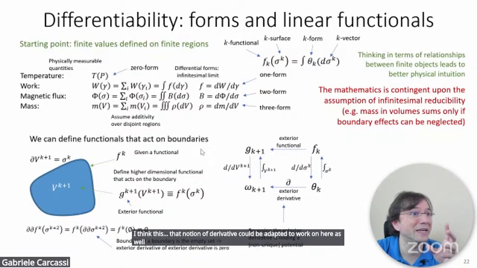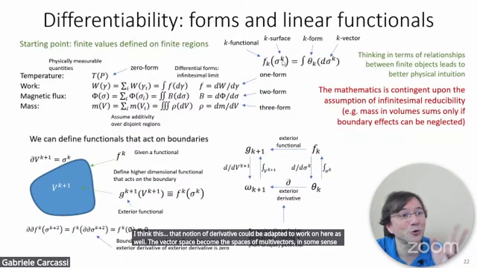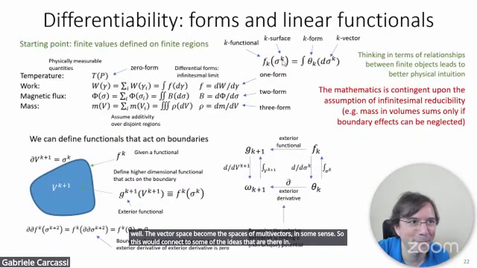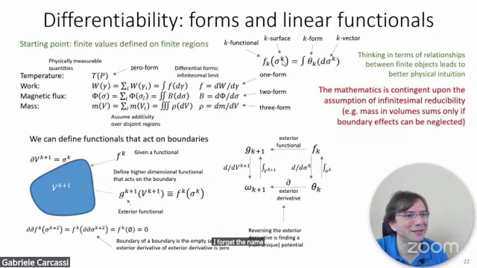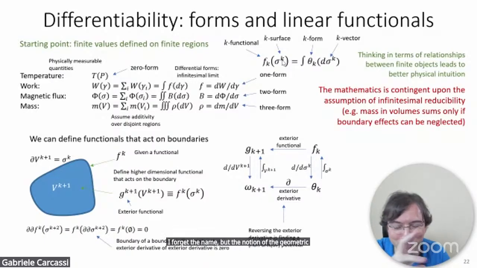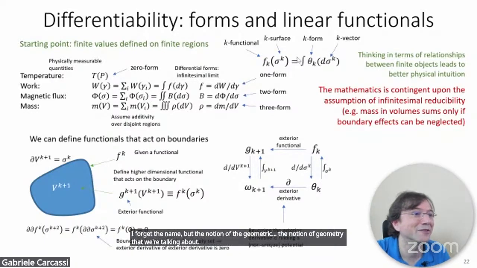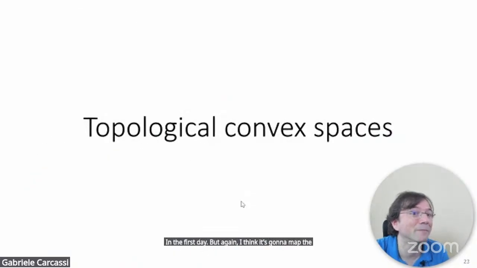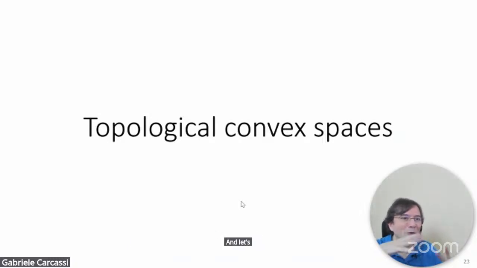The vector spaces become the spaces of multivectors in some sense. So this would connect to some of the ideas in, I forget the name, but the notion of geometry that we were talking about on the first day. But again, the whole details need to be worked out. So, let's skip now to the more physical things.